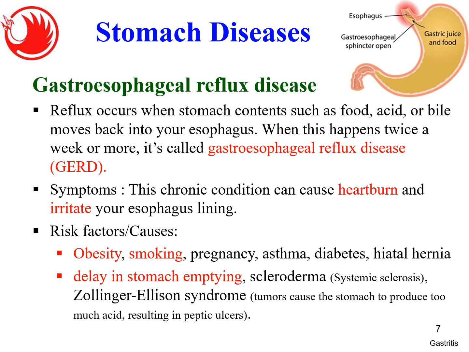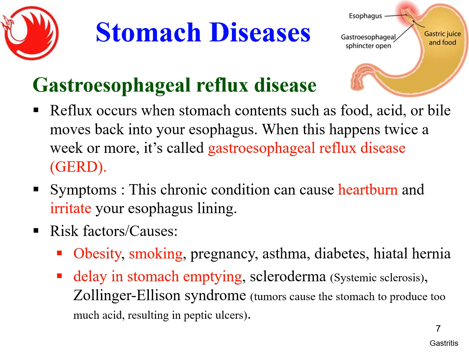The symptoms are heartburn and irritation of your esophagus lining, because the esophagus does not have a protective layer like the stomach. Here are a few risk factors: obesity, smoking, pregnancy, asthma, diabetes, and hiatal hernia.